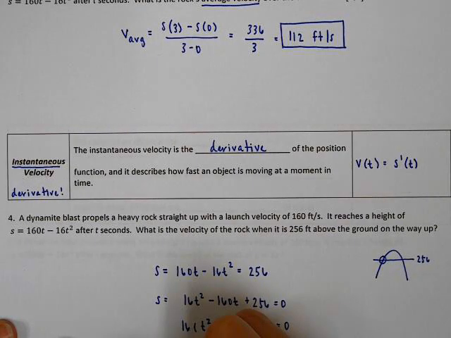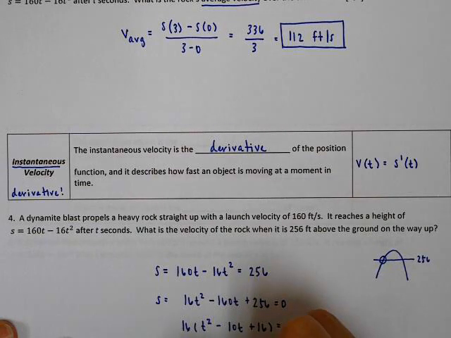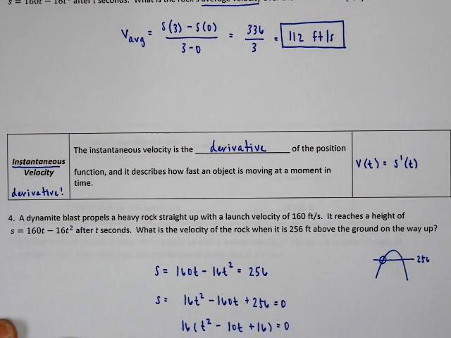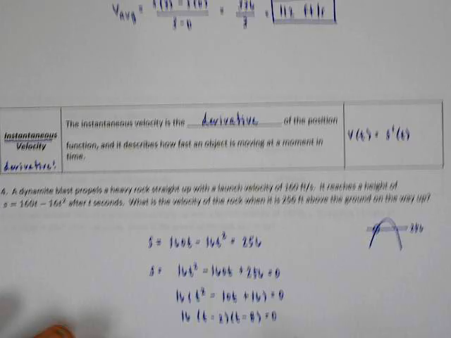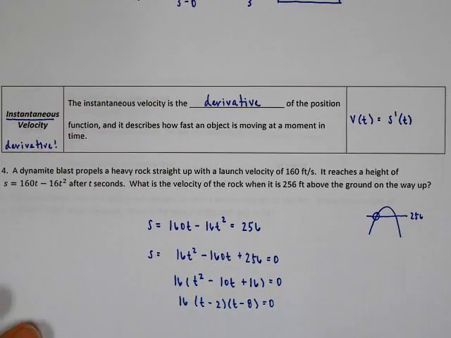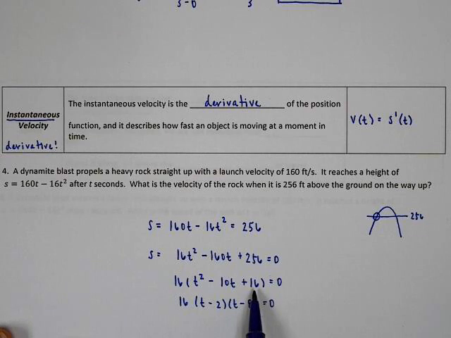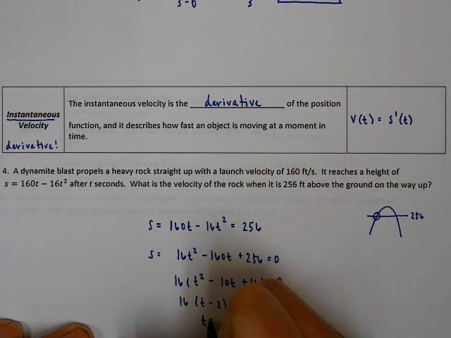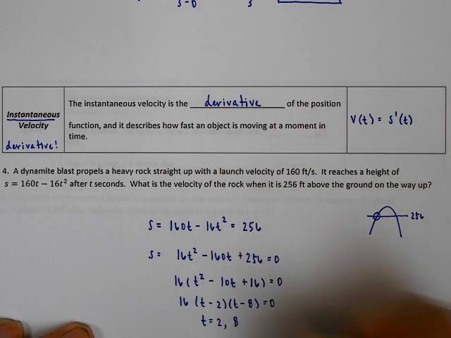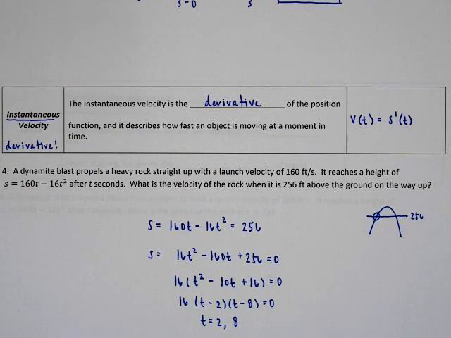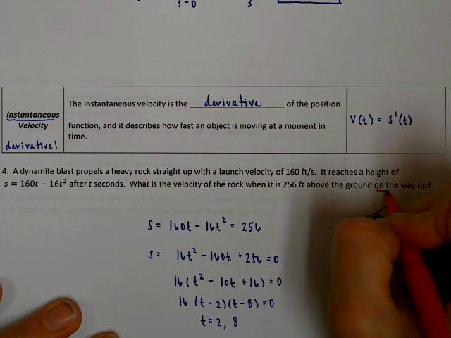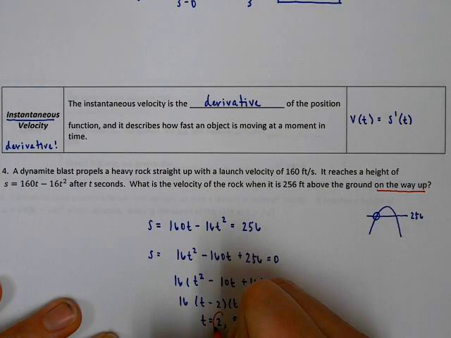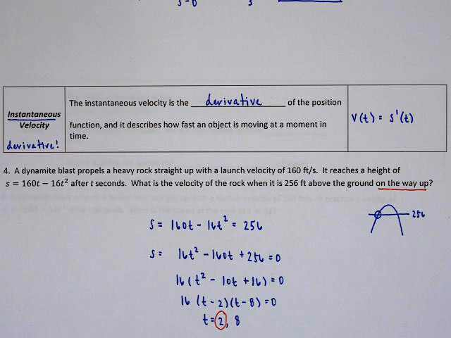So now I can factor this. I have t minus 2 and t minus 8. Negative 2 times negative 8 is that positive 16, and negative 2t minus 8t gives me the negative 10t. So now I have t equals 2 and 8. But again, since I want it on the way up, I'm only concerned with time t equals 2.